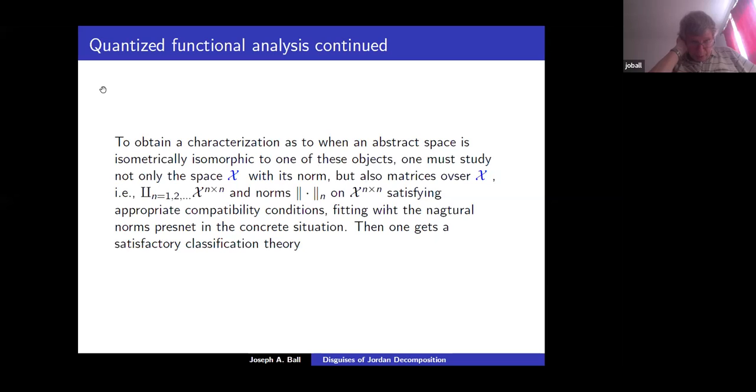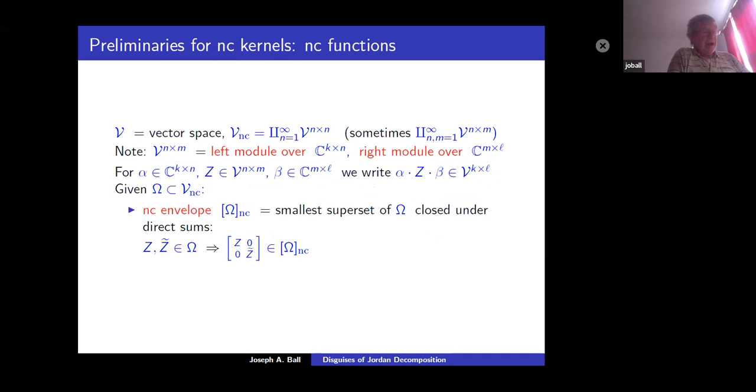So now I'm on preliminaries. So this was by way of motivation for something called non-commutative functions. With a non-commutative function, you evaluate not only points on some space where it's defined, but also on matrices over these points.